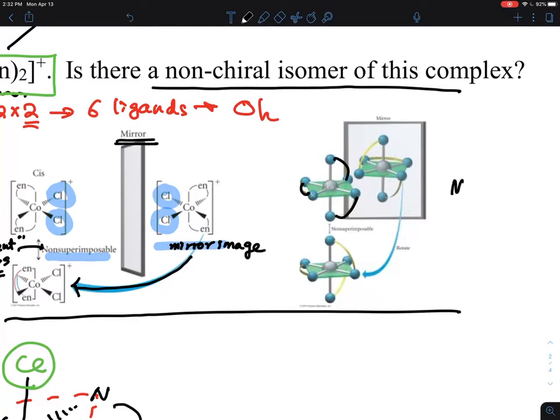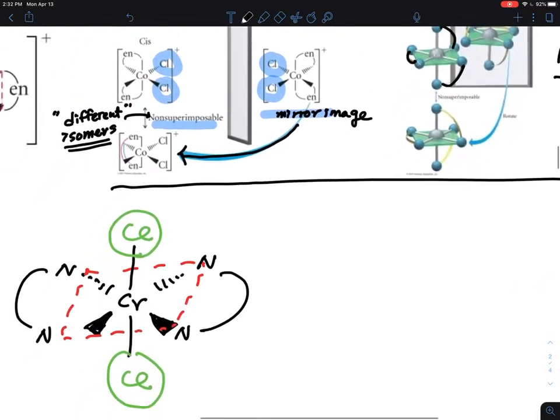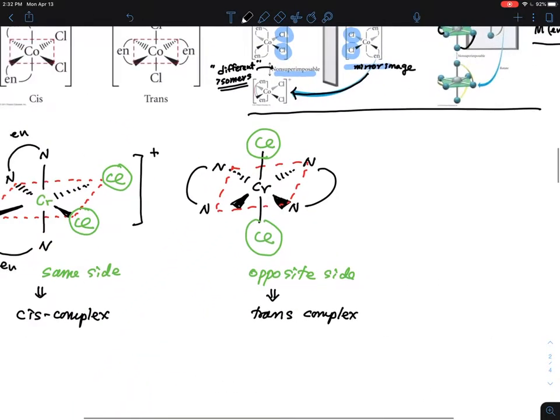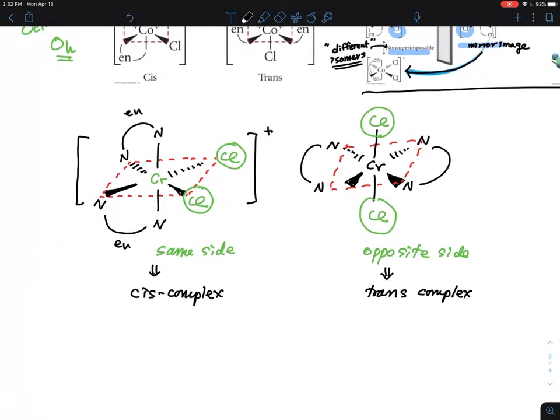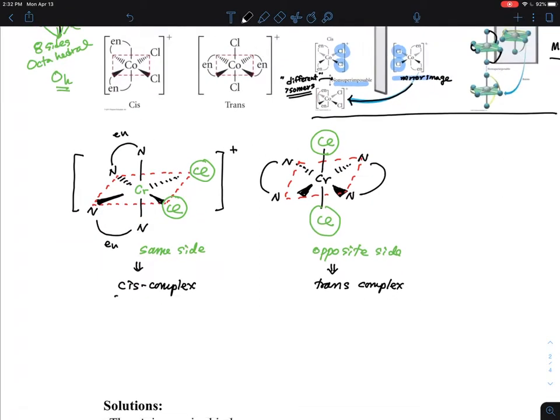Any metal complex with three ethylenediamine ligands can form these non-superimposable mirror images as well. So what that means is that this cis complex can form chiral isomers.